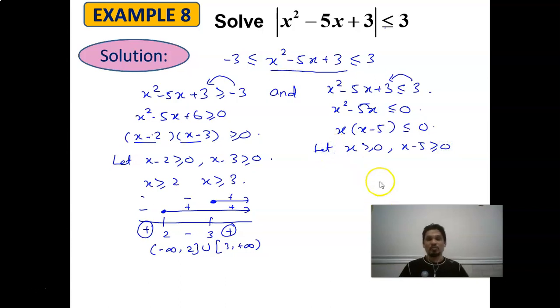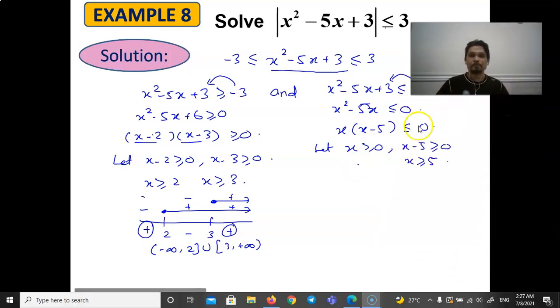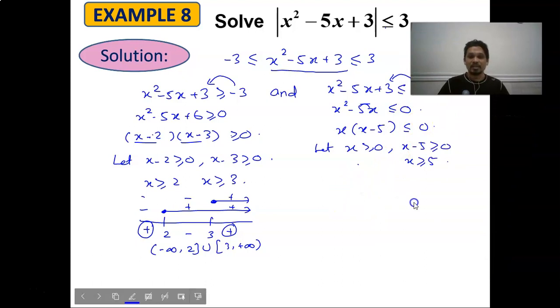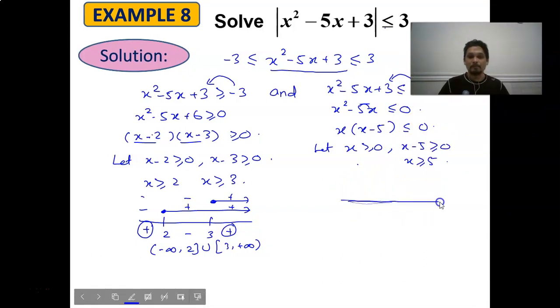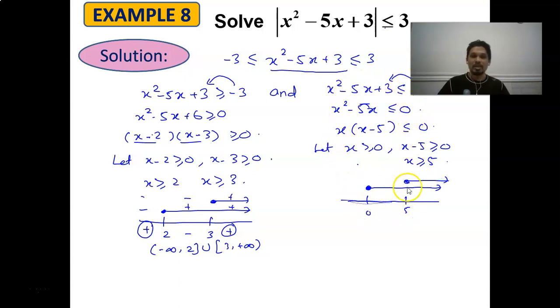Assume both are greater than, so x greater than or equal to 0 and x greater than or equal to 5. Again, from 0 until 5, greater than 0 and greater than 5, and on this side you find there is no term of "and" or "or".